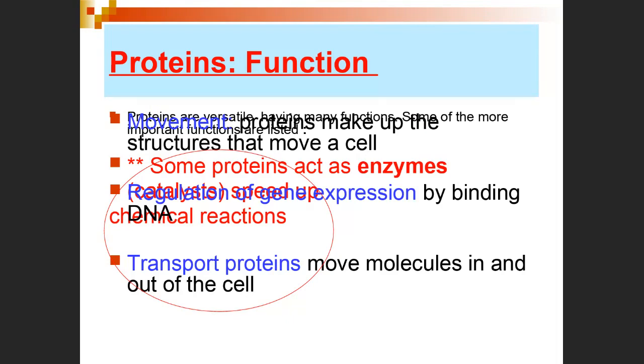Okay, function. I know this is a scrambled PowerPoint, but it's not scrambled in your computers when you look at it. The beauty of proteins is that when it comes to function, you can answer anything and you're more likely correct. Any function in the cell, no matter what it is, will probably involve a protein. However, the function I would like to emphasize is that of enzymes.